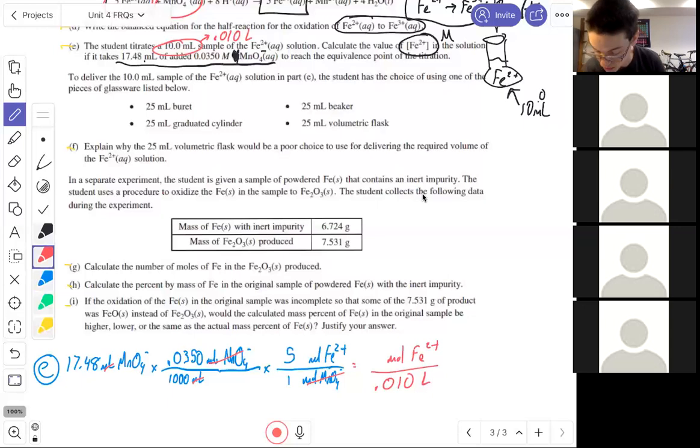So when you stop and look at all of this, how many sig figs should your final concentration have? 4? 3? 3. The 10 milliliters is 3. The molarity of the permanganate is 3. The volume of permanganate is 4, but you go with the smaller.